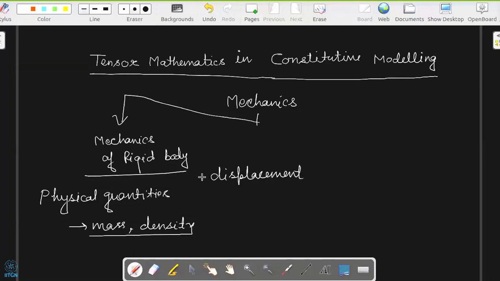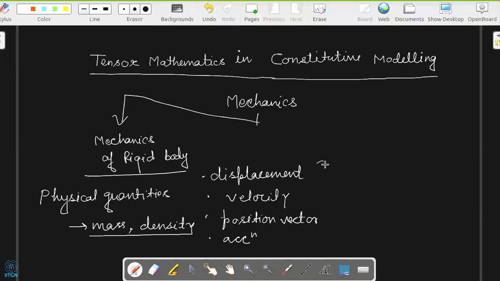Then you have seen displacement, velocity, position vector, and acceleration, and so on. These are the quantities you studied in the mechanics of rigid body.